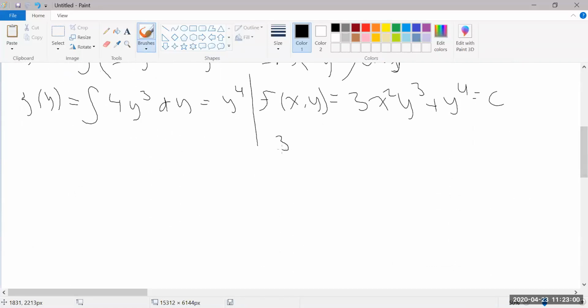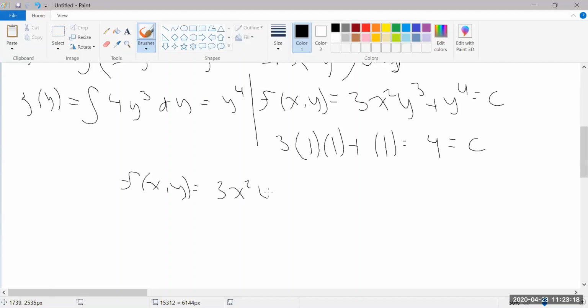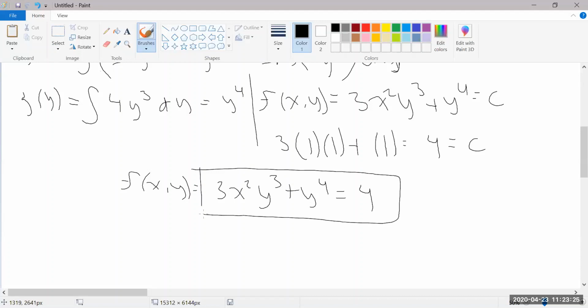We get 3 times 1 times 1 plus 1 equals 4, and that equals c. Plugging that back in, we get 3x squared y cubed plus y to the fourth equals 4. And that is 2.1b. So I will get rid of this and we can start on the rest of the problems.